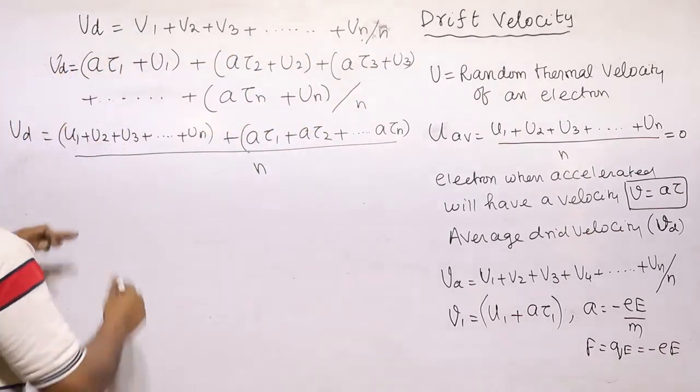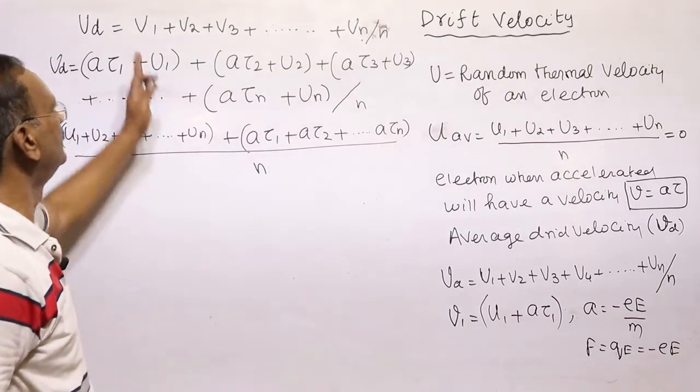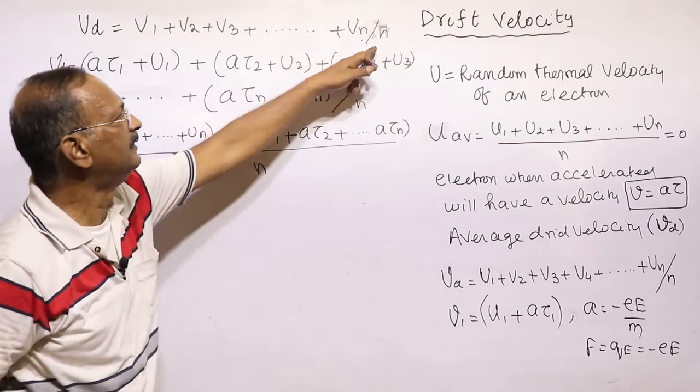Drift velocity is equal to the average of all the total velocities, so we divide V1, V2, V3 and so on by n.